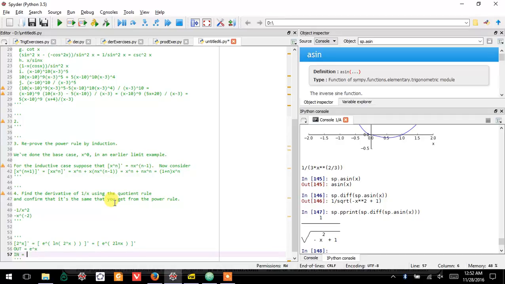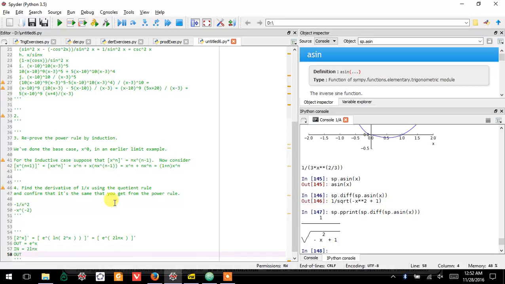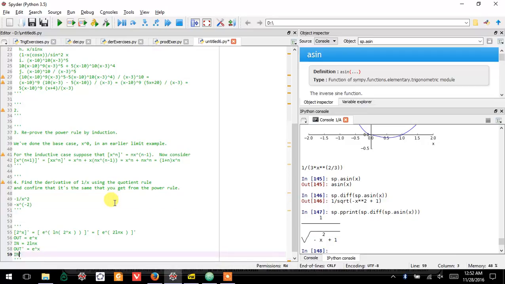The inner function is 2 ln x. I know that the derivative of the outer function is e to the x, right? That was what we just learned. And then the derivative of the inner function is in fact 2 over x, right? Because forget about the 2, it's just a constant factor. Take the derivative of ln x, you get 1 over x. So now it's 2 times 1 over x.